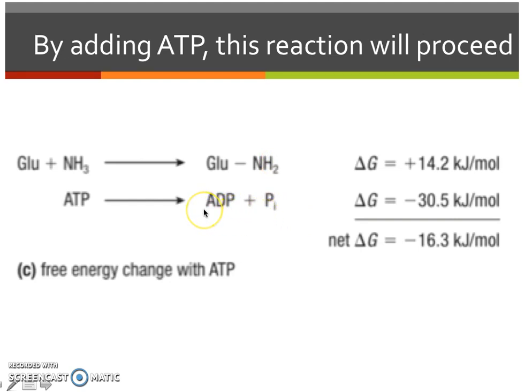And this reaction is overall negative. If we add these all together, then overall we have something that's going to release energy and occur spontaneously. So this is ATP and energy coupling.